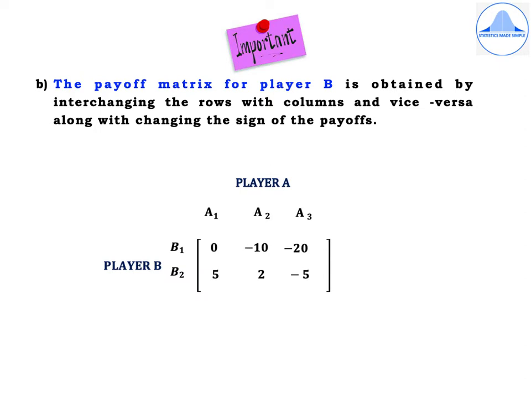So all you have to do is when you have to write the payoff matrix for player B, you interchange the rows and the columns and you change the signs of the payoffs. So if the payoff has a positive sign, it becomes negative, and if the payoff had a negative sign, it becomes positive, and 0 will remain as it is.